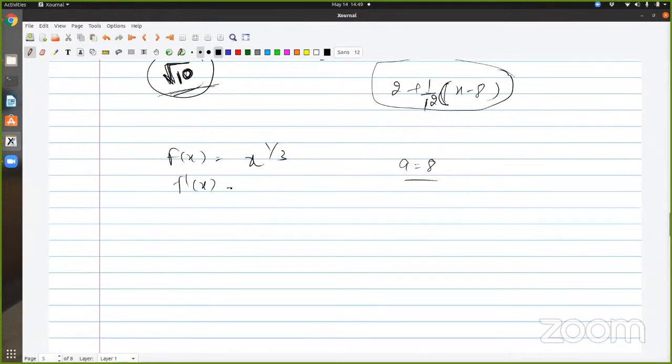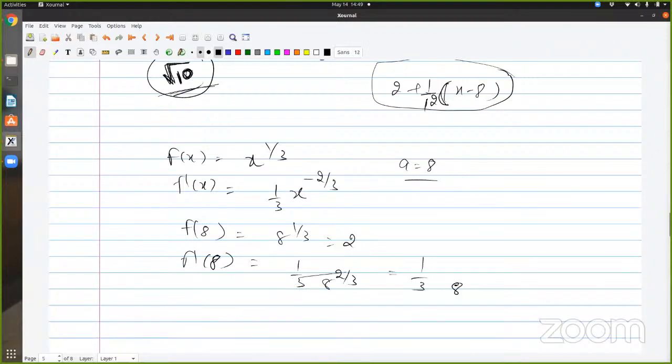Now f dash x will be equal to 1 by 3 x to the power minus 2 by 3, right? So f of 8 will be 8 to the 1 by 3, which is 2, and f dash of 8 will be 1 by 3 times 8 to the power 2 by 3, which is 8 to the power 1 by 3 squared, which is 2 squared, so 1 by 12, right? I hope you all got that.